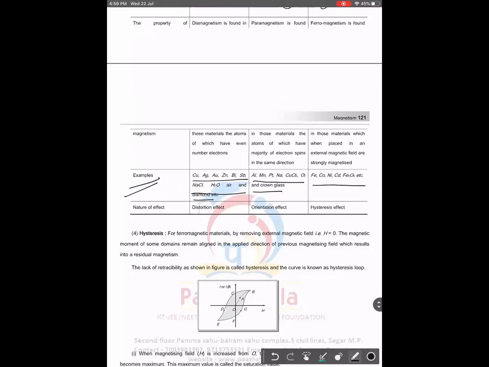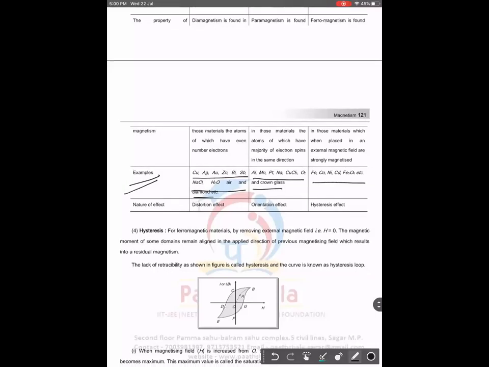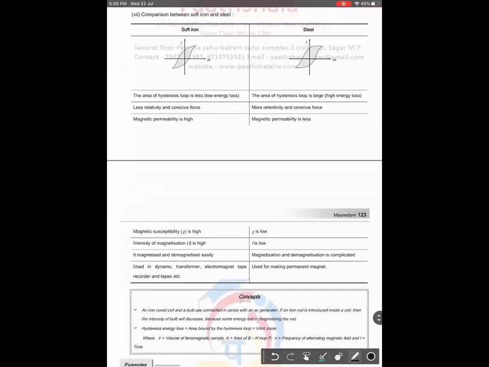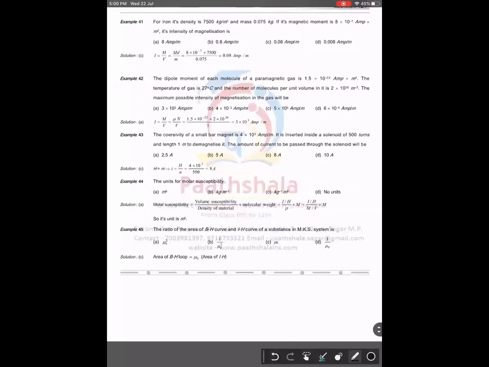Now let's look into the hysteresis loop. What is a hysteresis loop? We'll have to start from zero. Suppose this is a ferromagnetic substance, bacho. It is not magnetized right now.